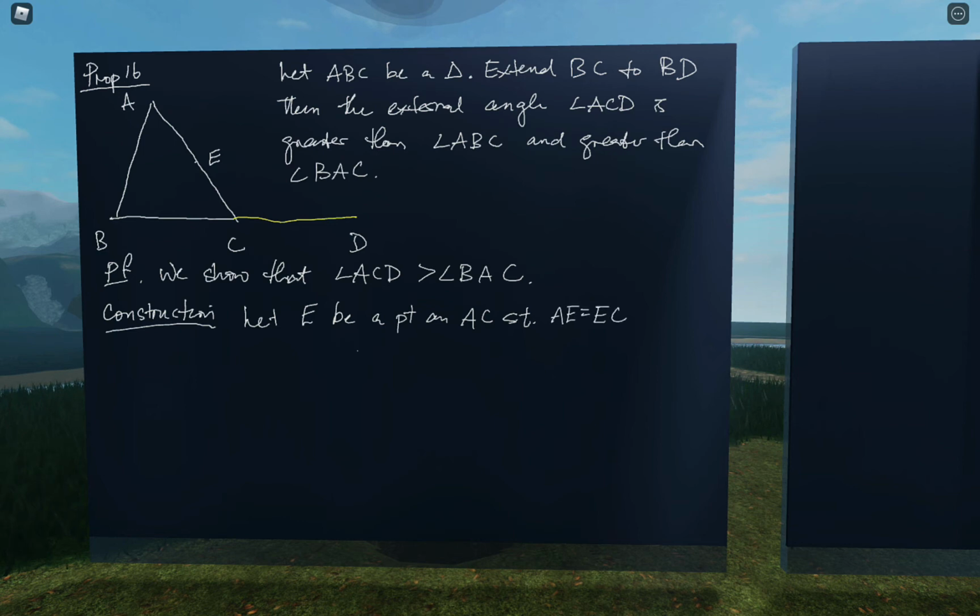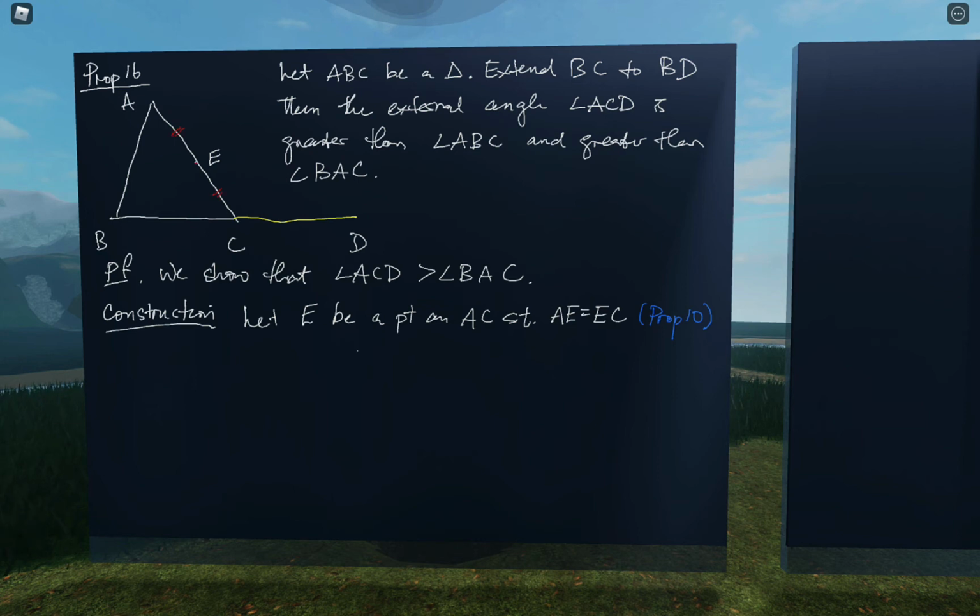And we know we can do this by proposition 10. So I'll just put in brackets here, proposition 10. And I'll also mark the equal sides here, right?